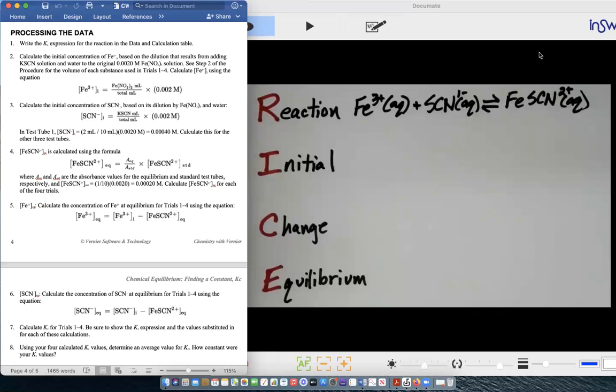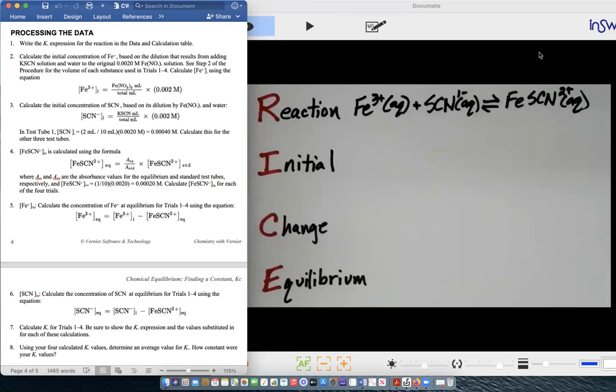To figure out the value at equilibrium of the FeSCN, it's based on the absorption of the equilibrium solution relative to the absorption of the standard solution. The standard, again, being the one that had the 18 milliliters of 0.2 molar iron and 2 milliliters of 0.002 molar of the KFCN.